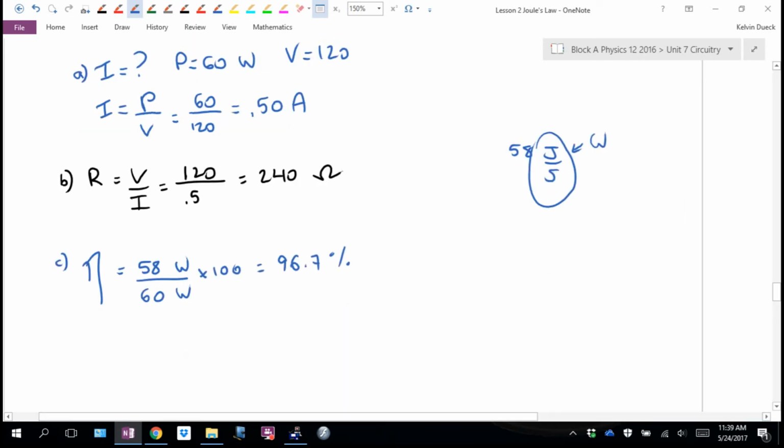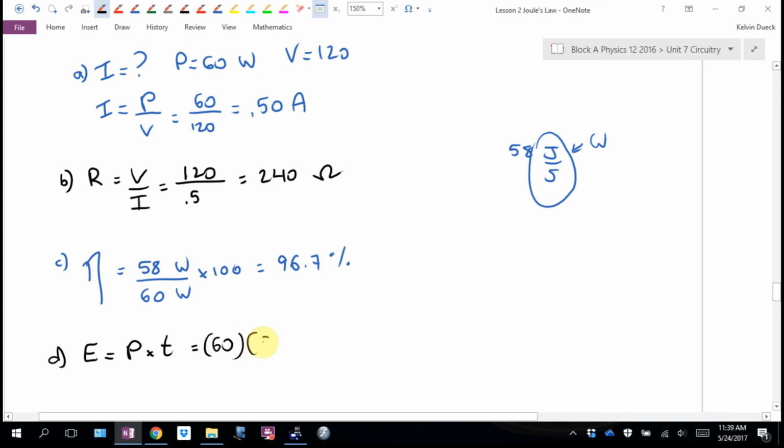How much energy is being used? Well, energy is power times time. Sam, how many watts of power was this bulb using? 60. For how long? 8 hours.